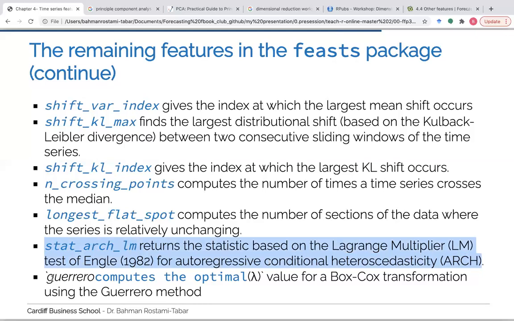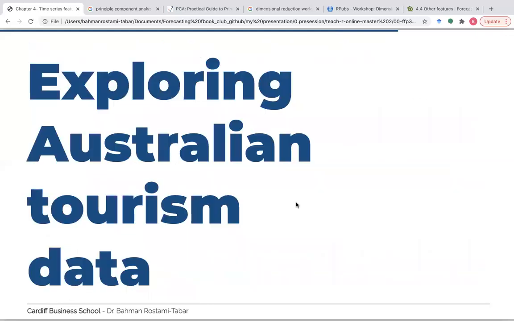And then finally, there's, again, a typo here. I need to correct it. This is also a measure that computes the optimal parameter for the Box-Cox transformation. So again, this is something we discussed in the decomposition. This will also give you the optimal value for that transformation.